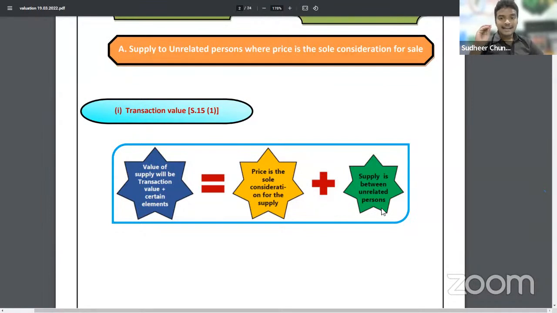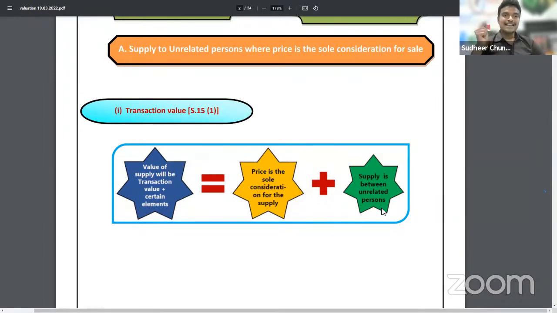Like that, here the term relative has been defined in the explanation to section 15, subsection 3. That we will learn in rule number 28. Till then, keep it on hold. What relative means in GST we will discuss in rule number 28. But now what we need to remember here is that buyer and seller must be unrelated.